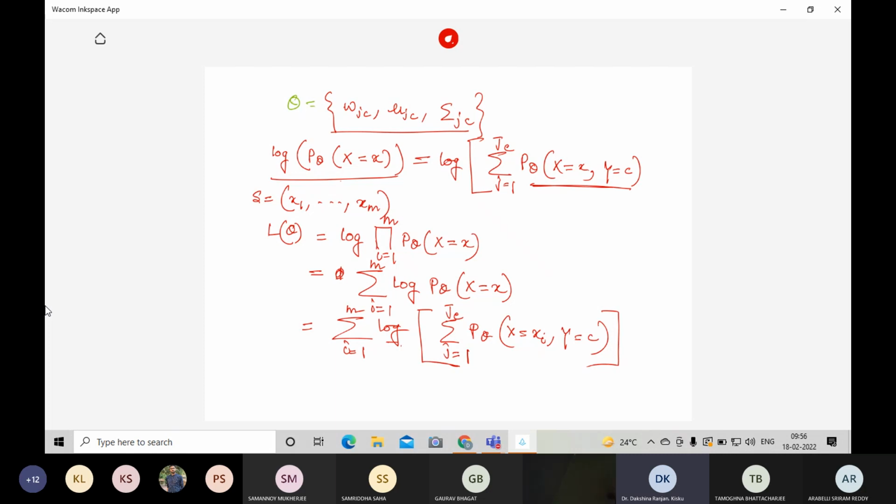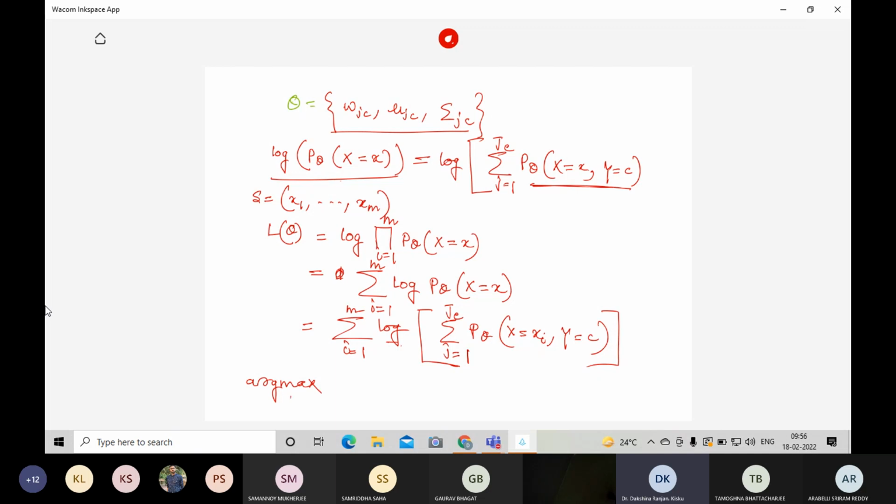So here we can write arg max. Here we are interested to maximize the function. Previously in the Bayes classifier and naive Bayes classifier, we were interested in minimizing the function.